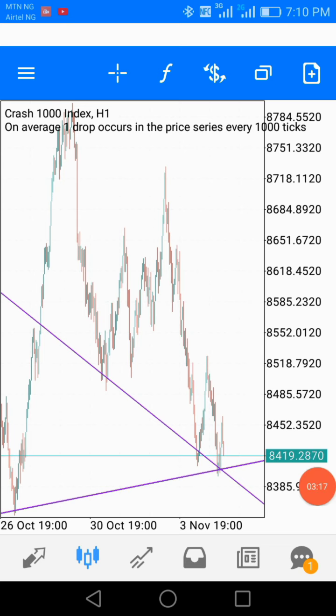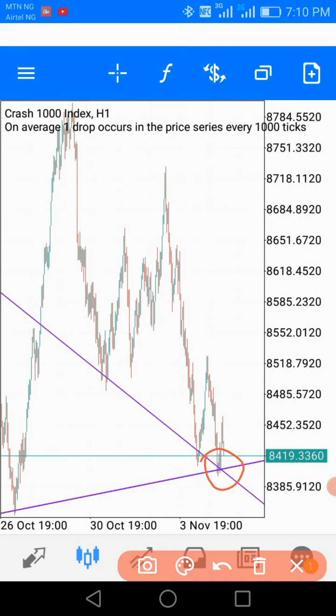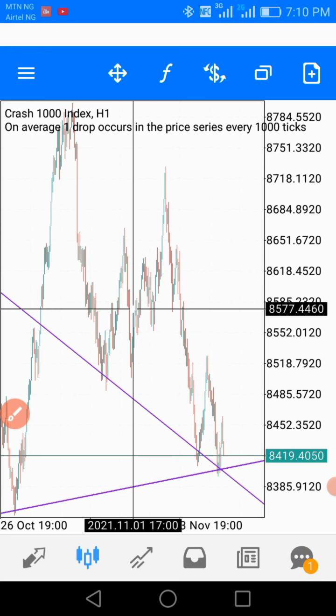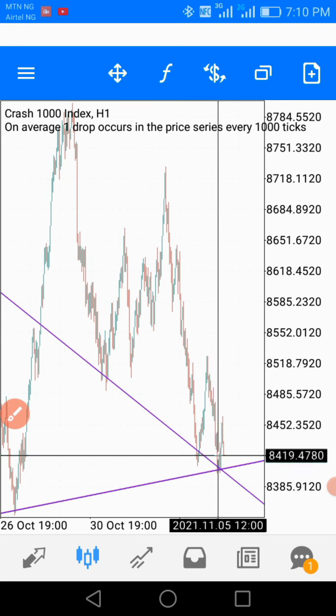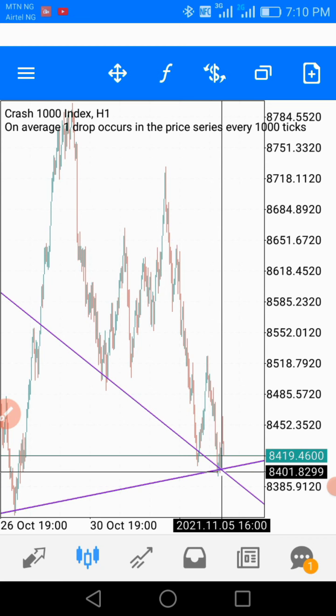Now our focal point, let me quickly bring my brush, is here. Okay, now take a look at this. Now I'm going to bring my cross. There is something else I spotted which I call the psychological level.